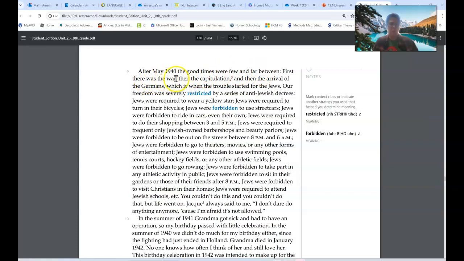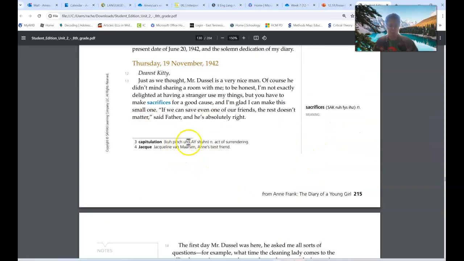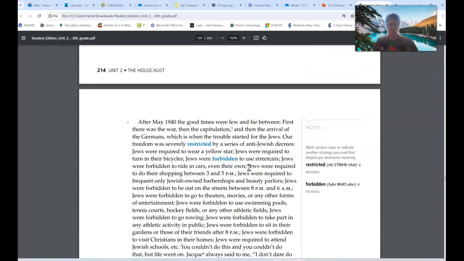First there was the war, then capitulation, and it tells you what capitulation means, act of surrendering. And then the survival of the Germans, which is when the trouble started for the Jews. Our freedom was severely restricted by a series of anti-Jewish decrees. So it gives you all of the decrees. So you could use any of these as a supporting detail for things getting worse for the Jews.